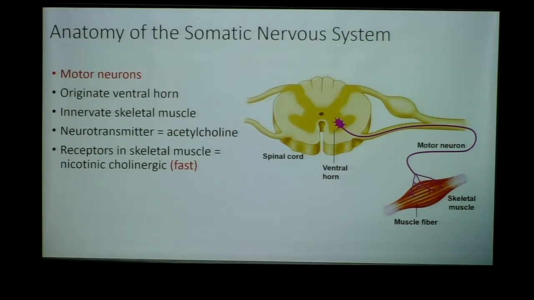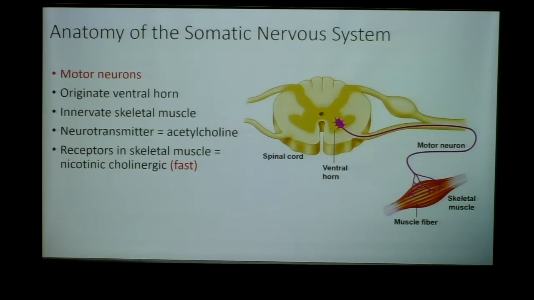The only neurotransmitter that we see in the somatic nervous system is acetylcholine, okay? Only acetylcholine. Therefore, we only see cholinergic receptors in the somatic nervous system. Very, very important. And we only see nicotinic cholinergic receptors, only those fast receptors.